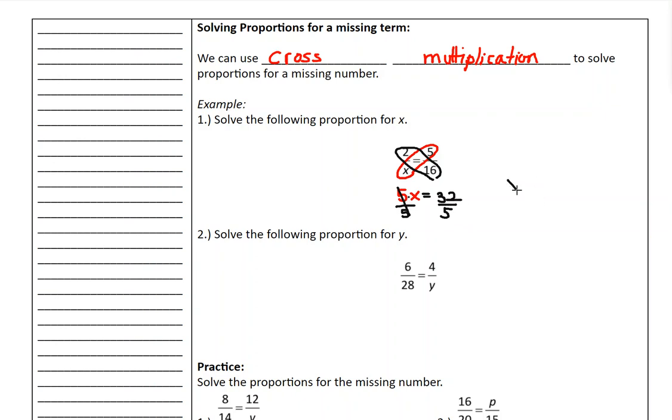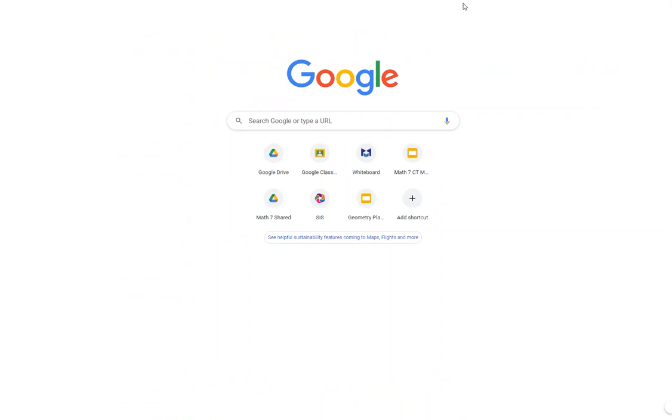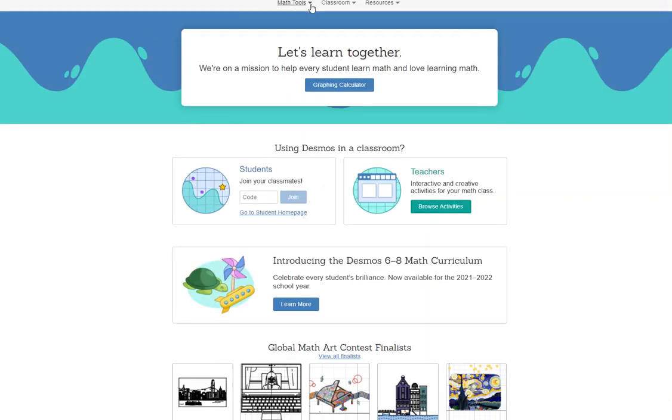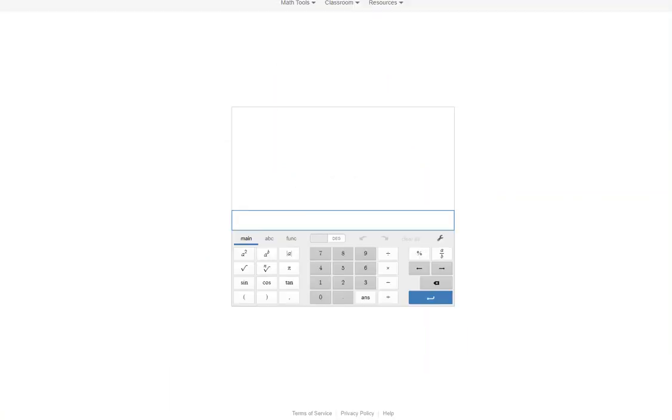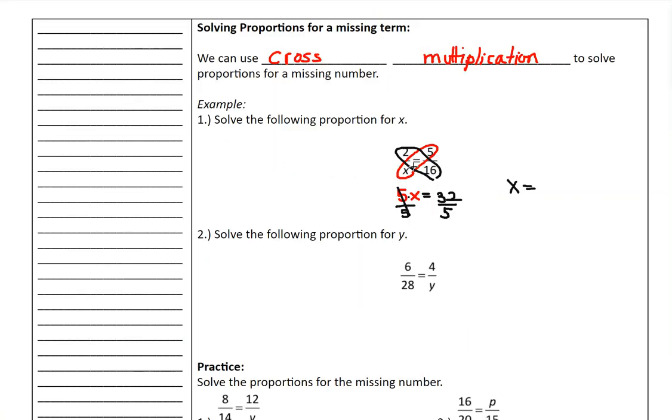You're going to want to put that into your calculator in Desmos. So if you haven't already, make sure you have another tab open and open your Desmos application. Okay, we're looking at dividing 32 by 5.